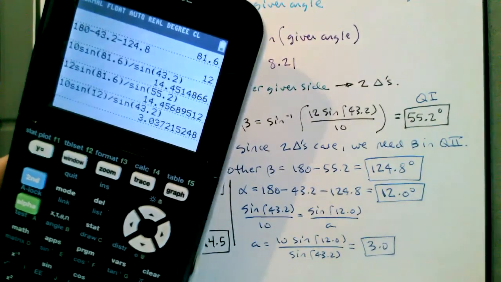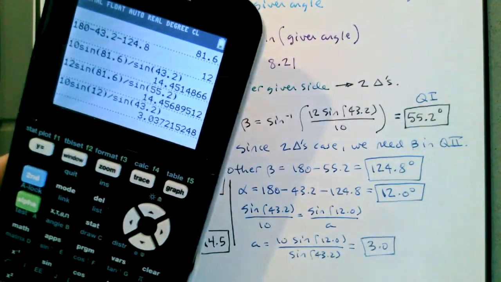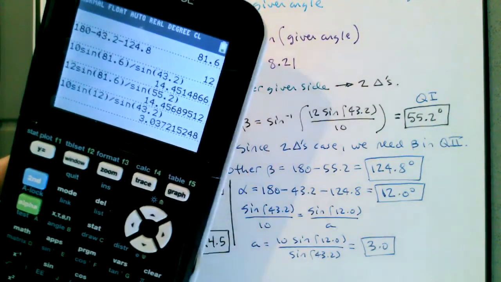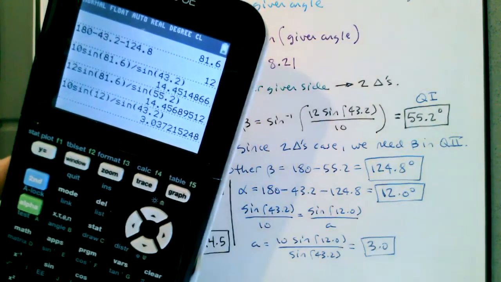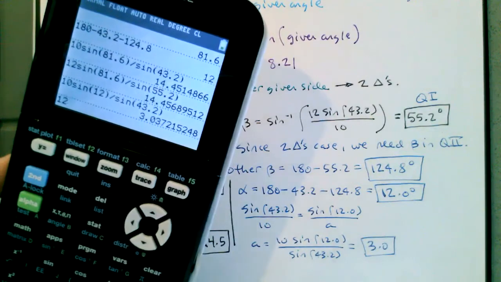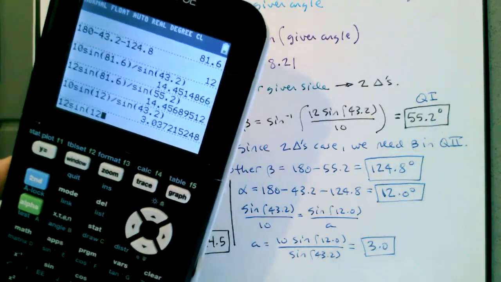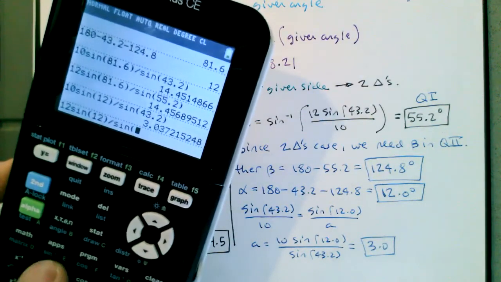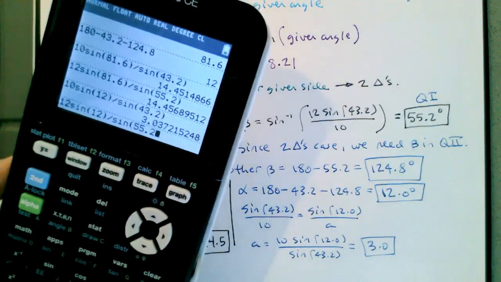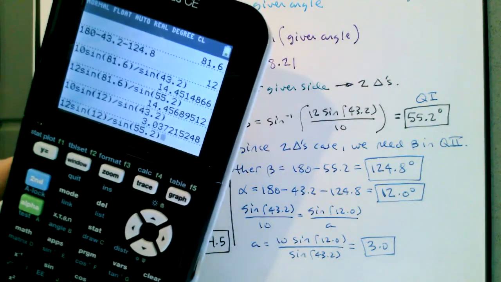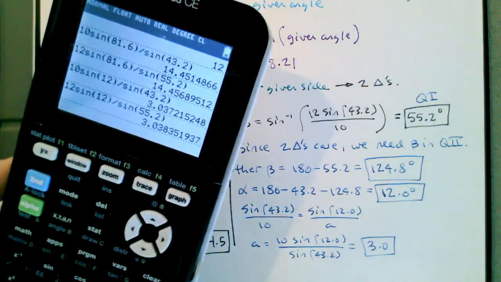Just like before, instead of using 10 and 43.2, that is C and gamma, we could do 12 sine of 12 and divide by the sine of 55.2. That is, use beta and B. And we still get the 3.0.